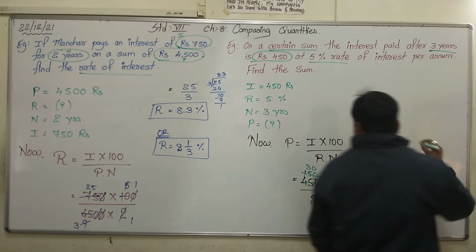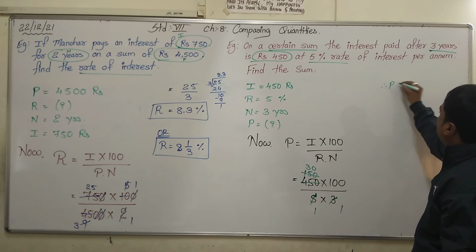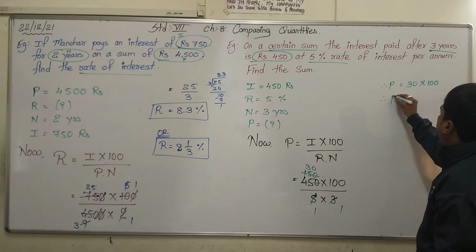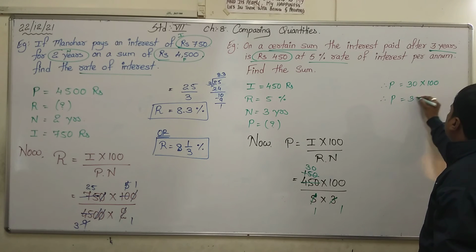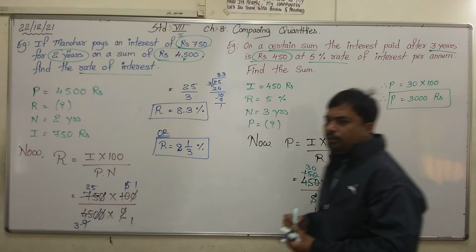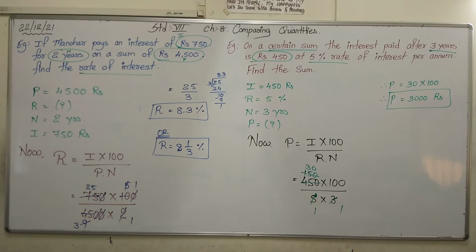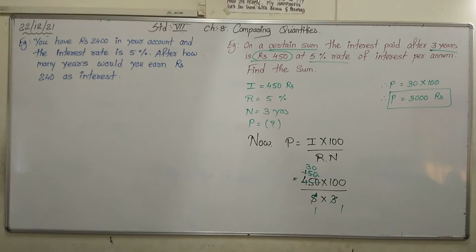So therefore P is equal to 30 multiplied by 100. So therefore P is equal to 3000 rupees. So what will be the principal? 3000 rupees. Is it clear? Right? Next example.